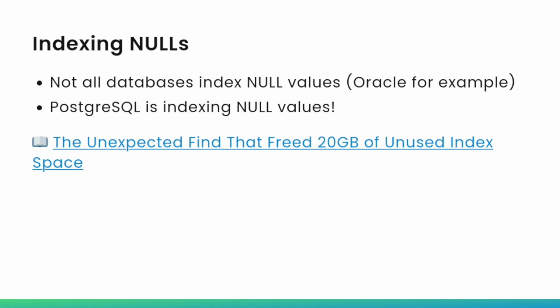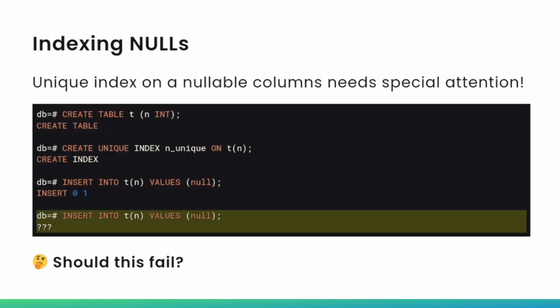So theoretically, if you have an index on a column where all the values are null, the index should be very small because it's not indexing anything. But in Postgres, however, null values are indexed, okay? So for the same example in Postgres, you would have a full-sized index on these null values.